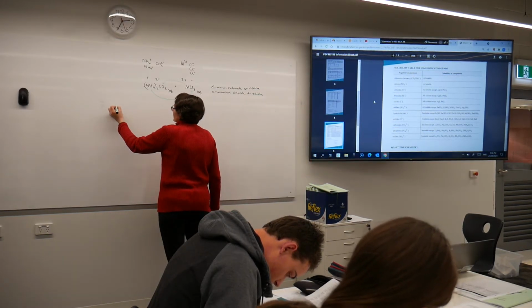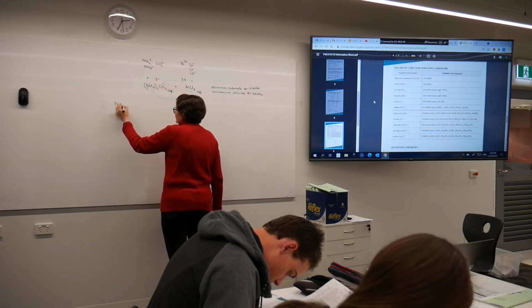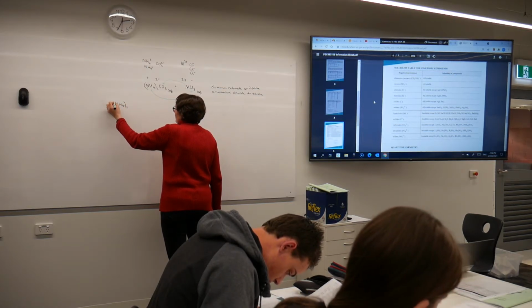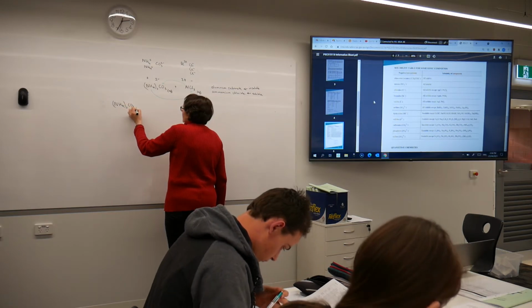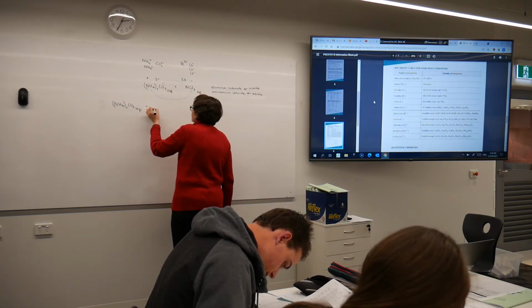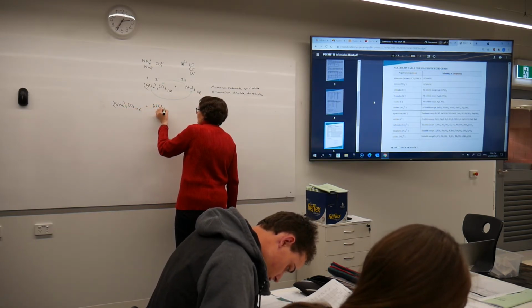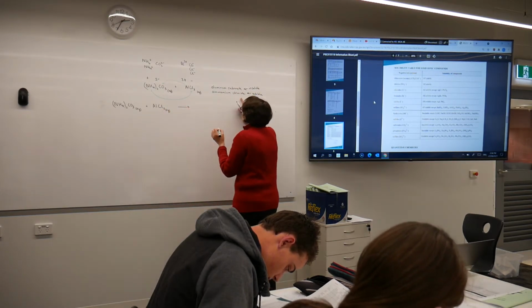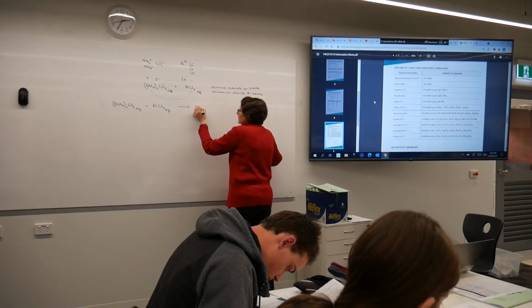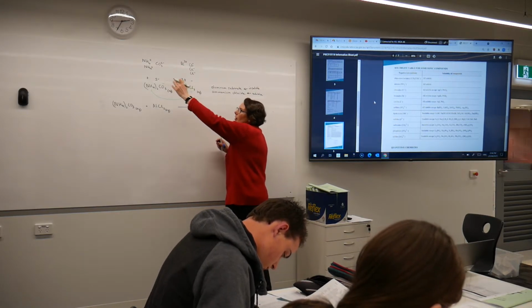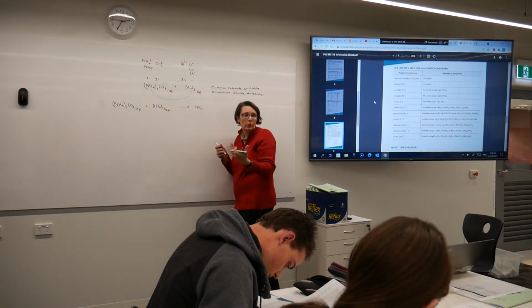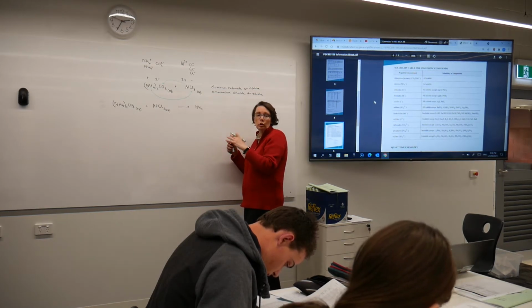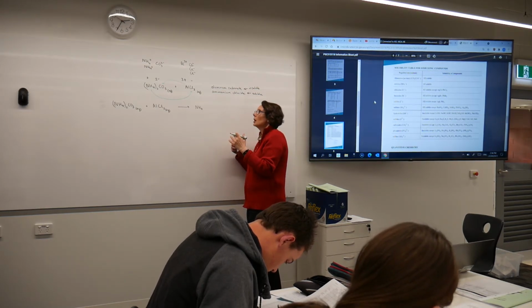Now I need to balance this. I know that my ammonium chloride, the ammonium ion has a single positive charge and the chloride ion has a single negative charge.